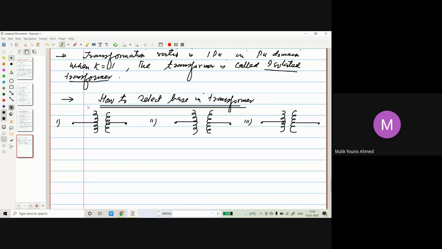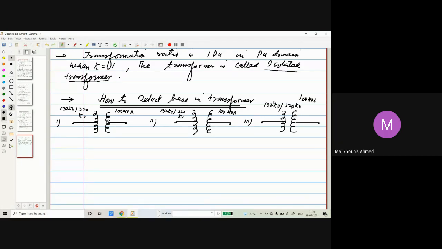So let us say in this case the voltage ratio is 132 kV by 220 kV, and complex power base or apparent power base is 100 MVA. Second case, again it is 100 MVA, complex power base. Transformer ratio from primary to secondary is 132 kV by again 220 kV. Third, again complex power base will be same, 100 MVA. And again the transformer ratio is 132 kV on the primary side, 220 on the secondary side. These are the three cases I am taking.